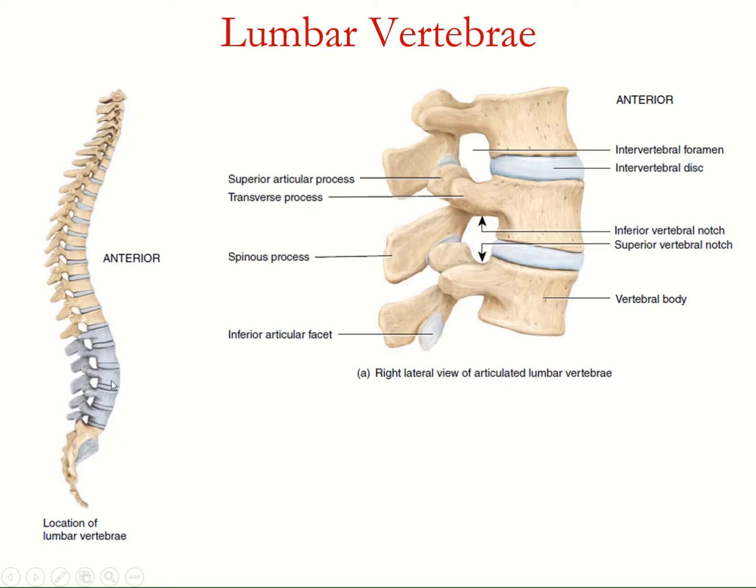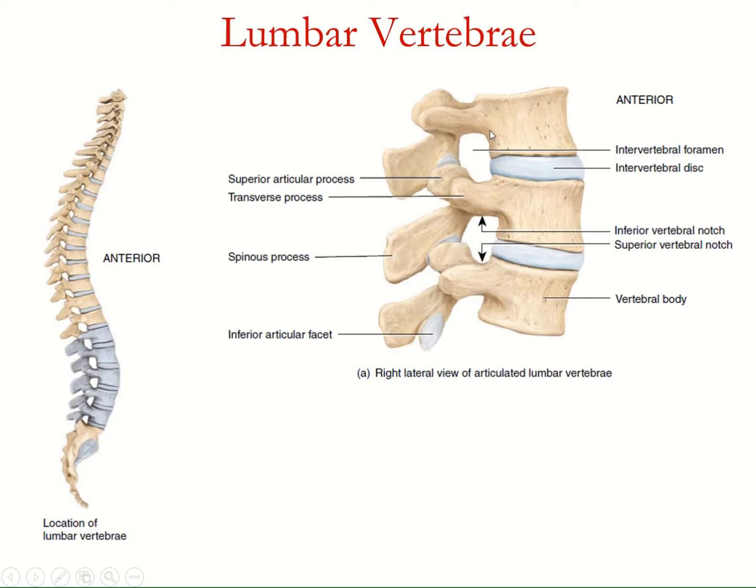So here is your lumbar vertebrae. So the spinous processes of your lumbar vertebrae are shorter. However, their shape now is more quadrangular. Sometimes they're referred to as rhomboid in shape. Then the vertebral bodies of your lumbar vertebrae appear larger as compared to your thoracic vertebrae.